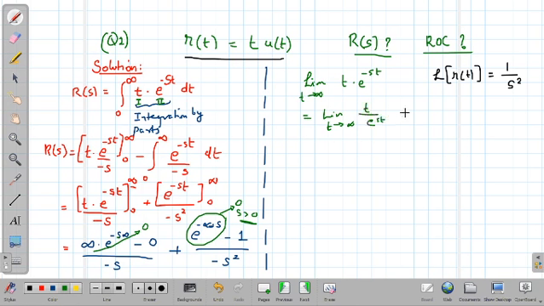Now you can apply L'Hospital's rule. By L'Hospital's rule, this is equal to the limit as t tends to infinity of 1 divided by e^(st) times s. And here also it is of the form 1 by infinity.